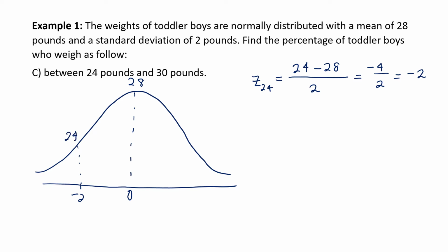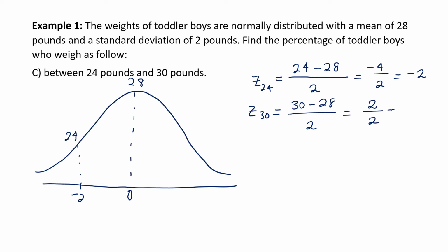And now I need the z-score that corresponds to a weight of 30. Again, that's going to be the data score, 30, minus the mean, 28, divided by the standard deviation of 2. The numerator, 30 minus 28, is 2.